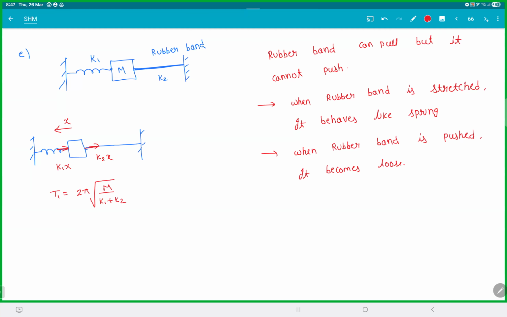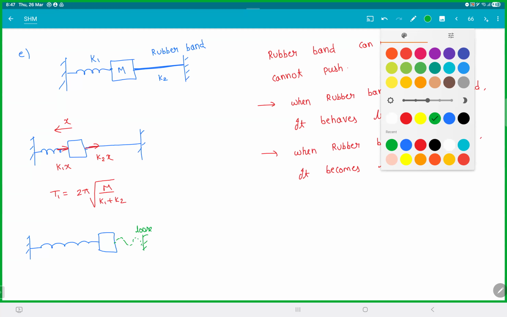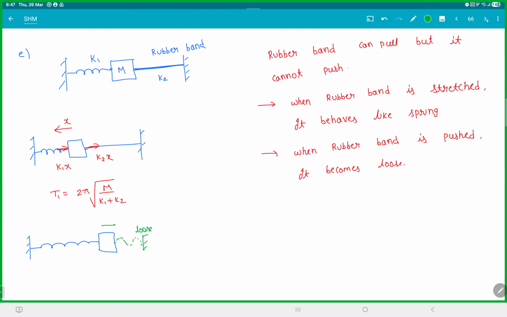But when you push it to the right hand side, this rubber band will just become loose. It does nothing. So when you push it to the right, then you have only one force, which is K1x.